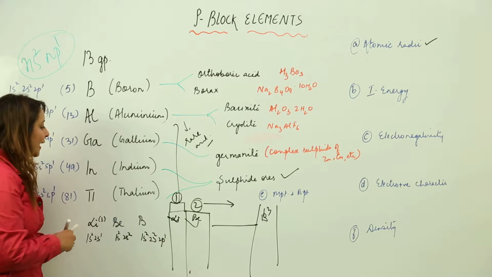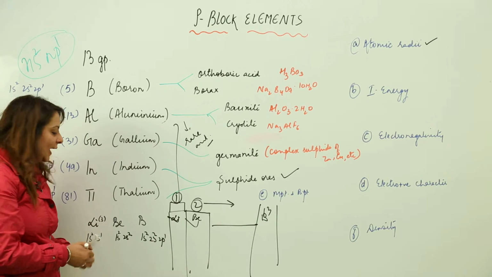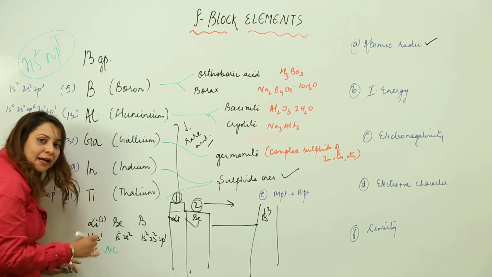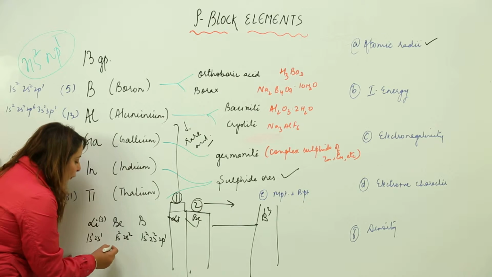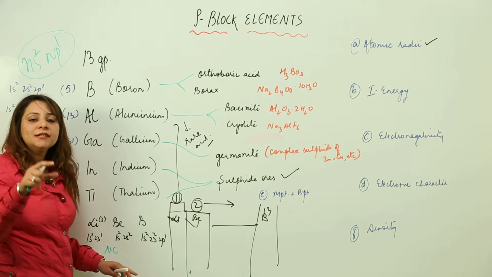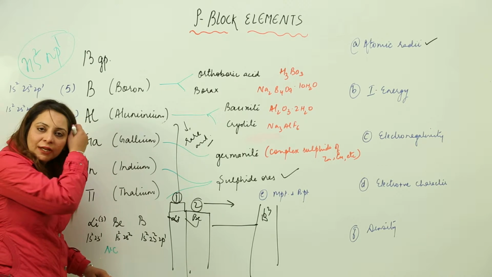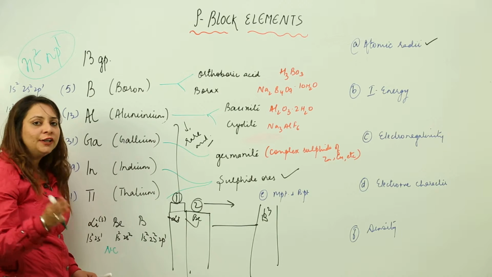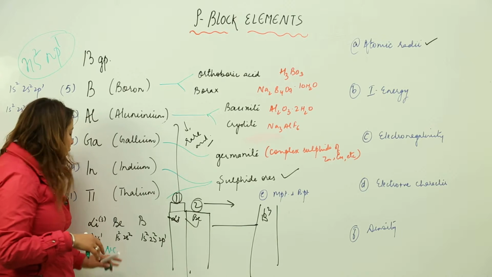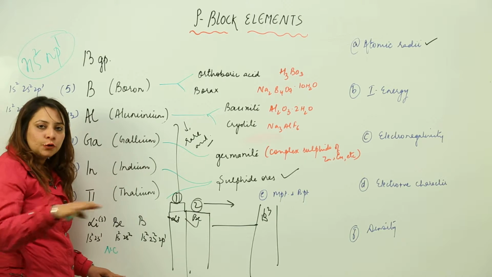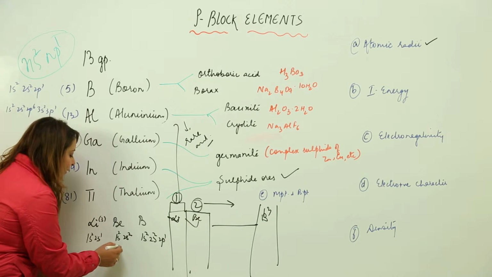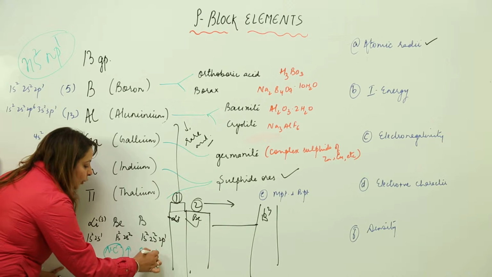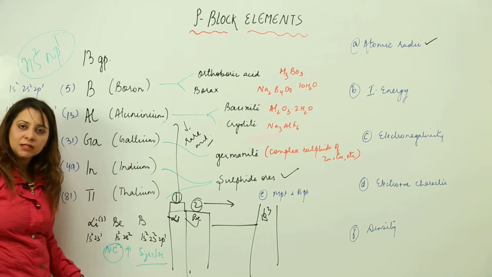As we move in a period, there is an increase in nuclear charge, while the screening effect remains the same, because the electrons in the same shell do not screen each other. But nuclear charge goes on increasing, due to which the size constantly decreases.